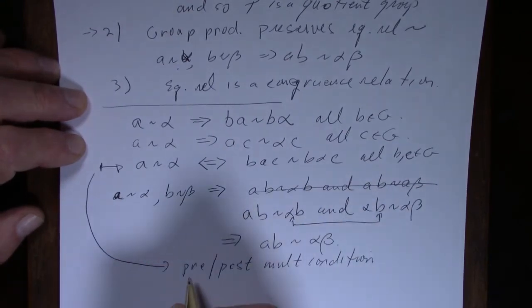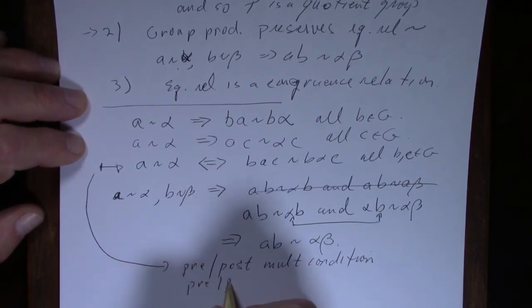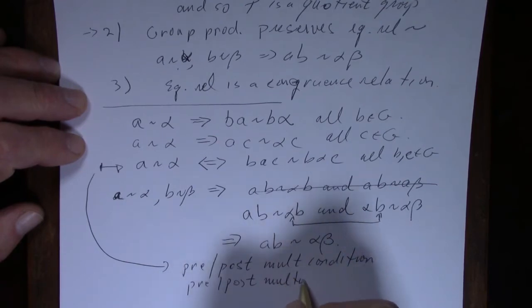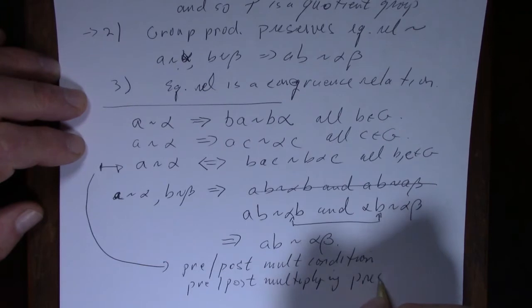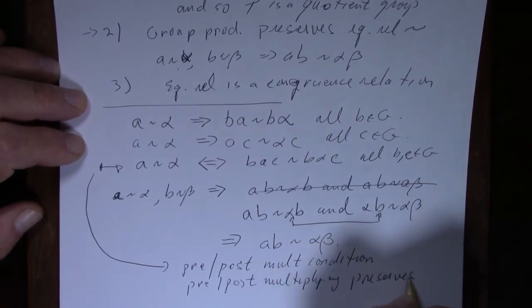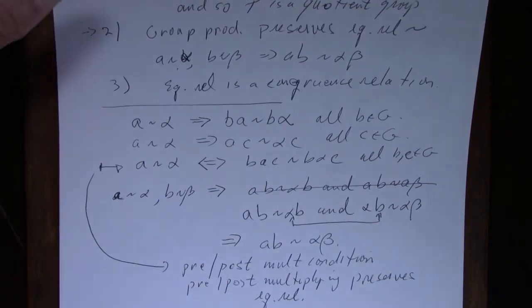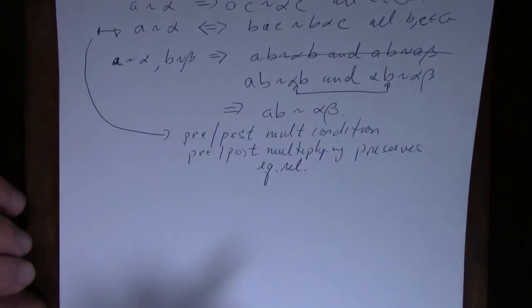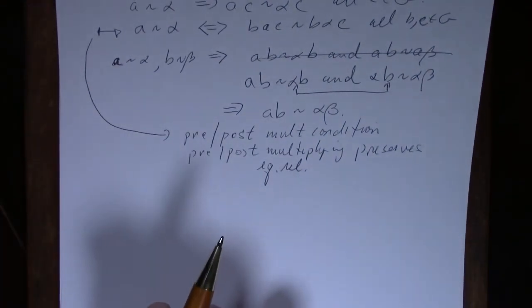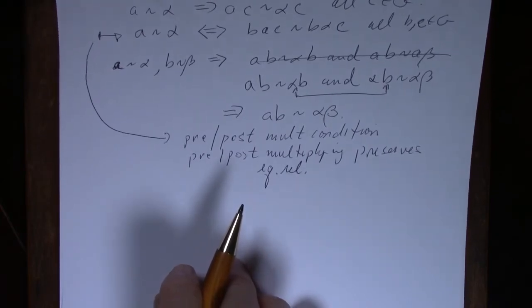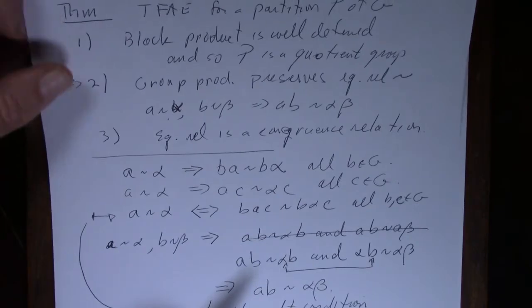It says that pre and post multiplying preserves the equivalence relation. So that's equivalent to the group product preserving the equivalence relation, and to all 3 of the items in our theorem.